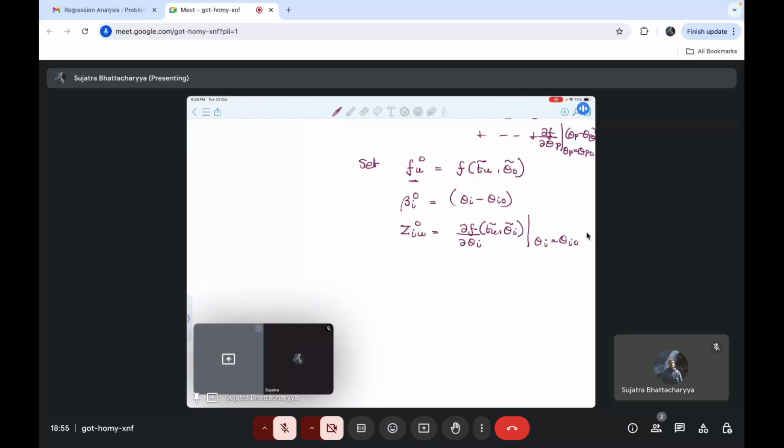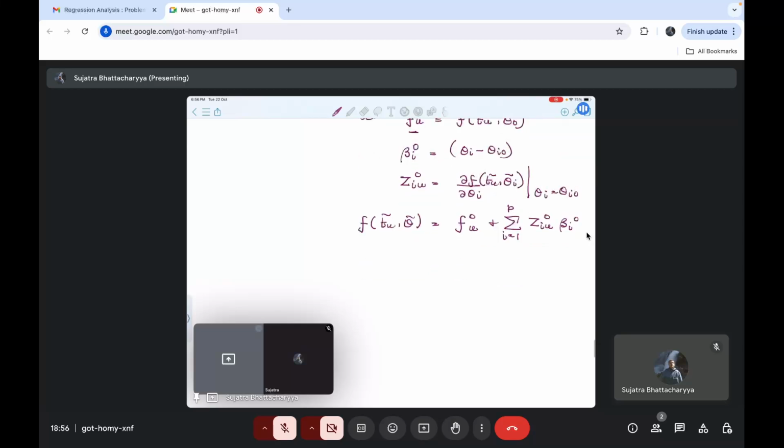Okay. So now once we have reduced up to this, in the short form we can write this as: this is equal to the reduced expression, plus the summation, i going from 1 to p, of Z i u 0 beta i. That's all. Finally, this is nothing but y of u, the response, which is equal to f of u, theta tilde, plus epsilon u, which is the general form we have written earlier.